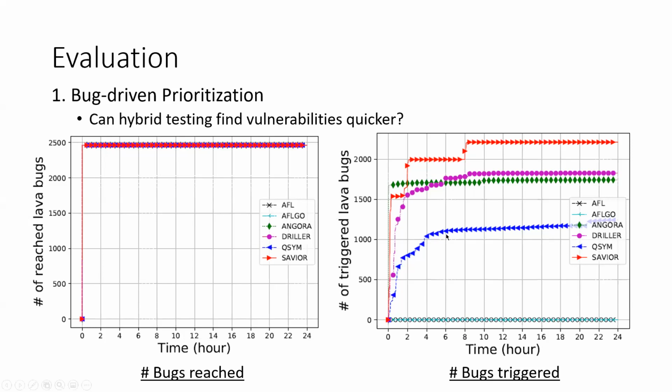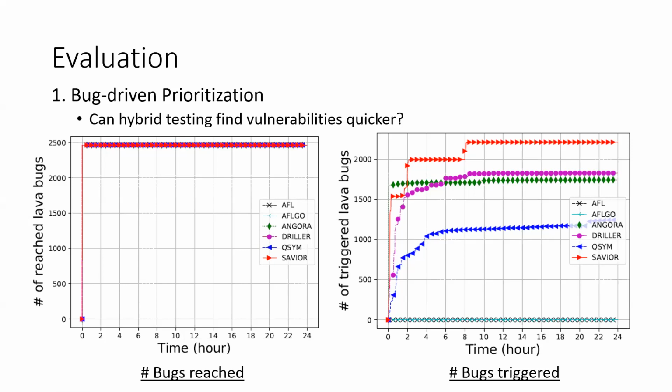Yeah, but not all the bugs that are reached are triggered. Like, on the right graph, all the bugs are triggered. What do you mean? Trigger means they can actually get the inputs that cause the bugs to fail.